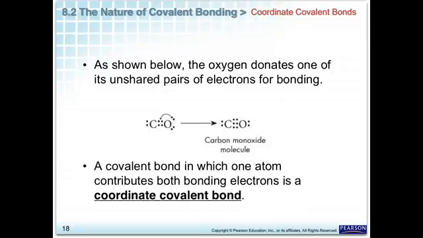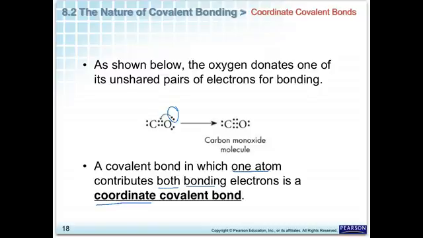If we begin with a double bond between the carbon and oxygen, that makes the oxygen satisfied with 8 electrons, but carbon is not. So what happens is oxygen donates one of its unshared pairs, and so one atom contributes both of the electrons in the bond, and that's what's called a coordinate covalent bond.